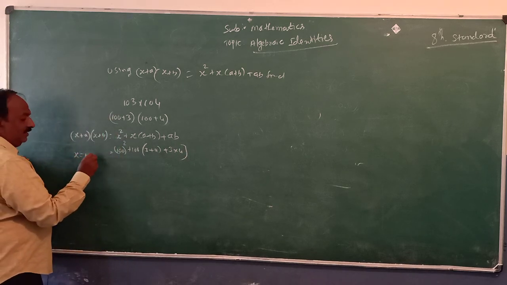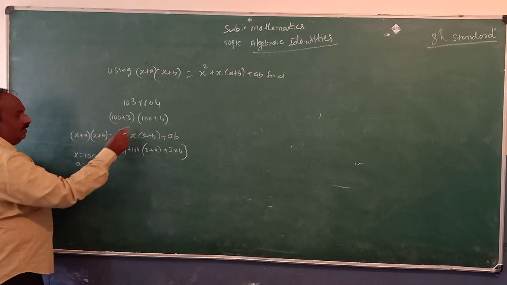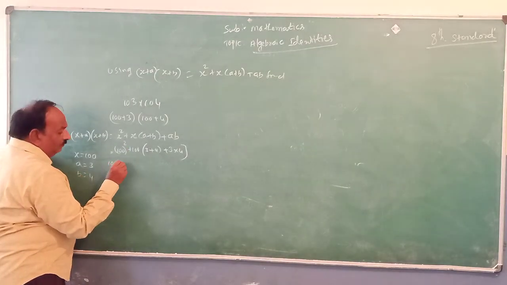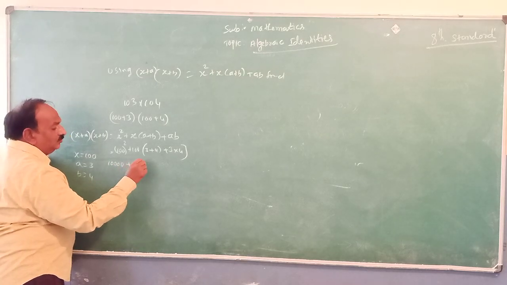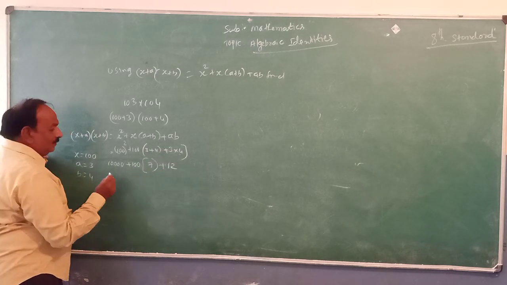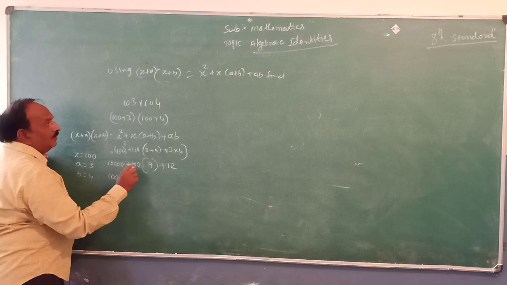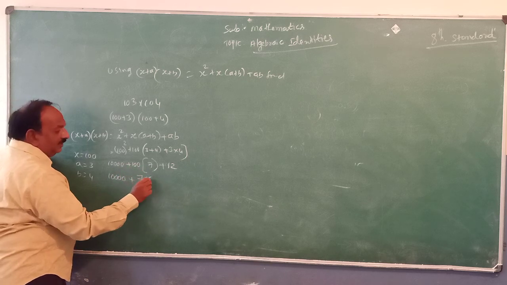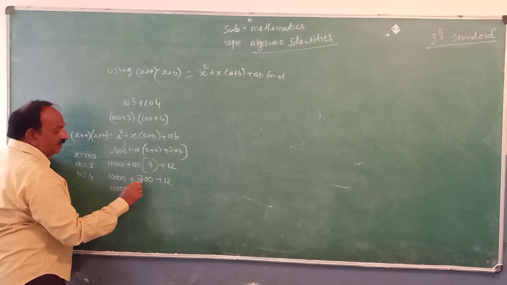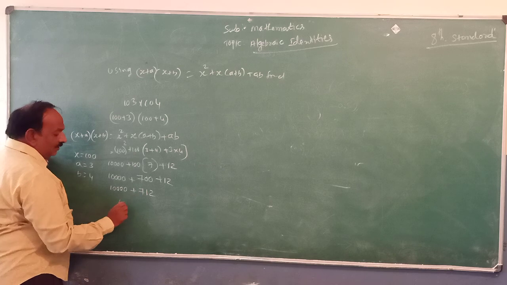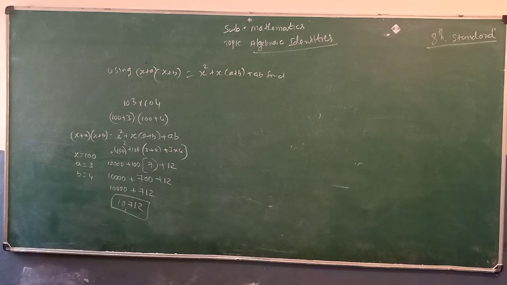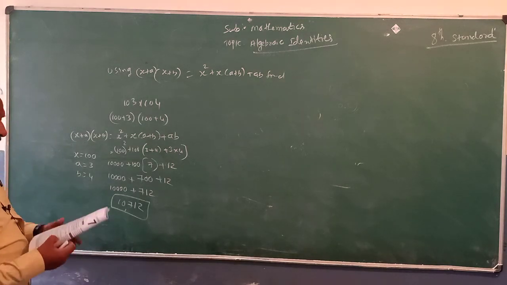X is 100, a is equal to 3, b is equal to 4. 100 whole square is 10,000, 4 plus 3 is 7, 7 into 100 is 700, 3 4s are 12. 10,000 plus 700 plus 12, 700 plus 12 is 712. 10,712 is your answer. 10,000 plus 712, 10,712.